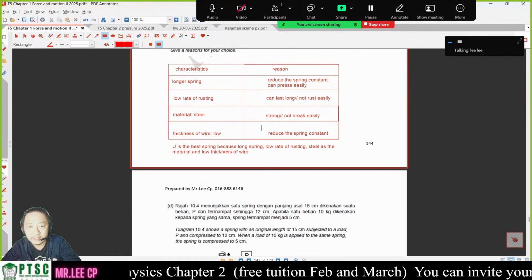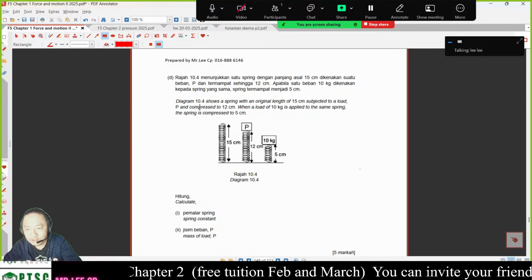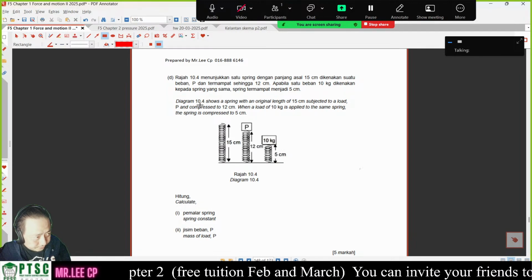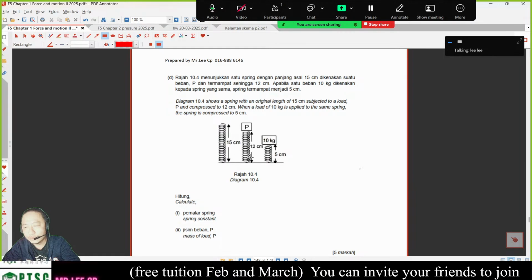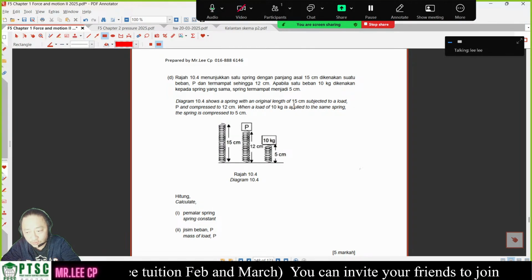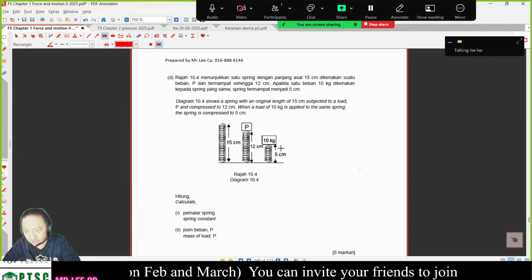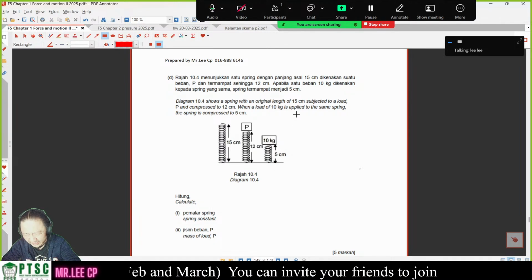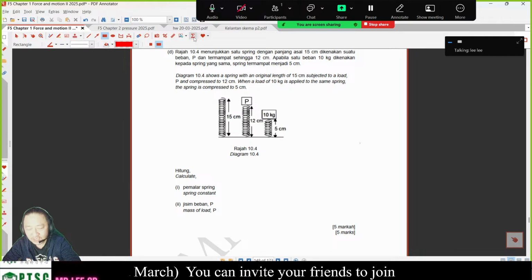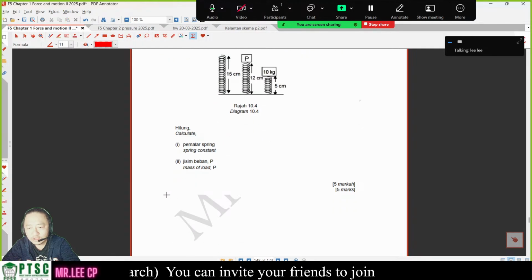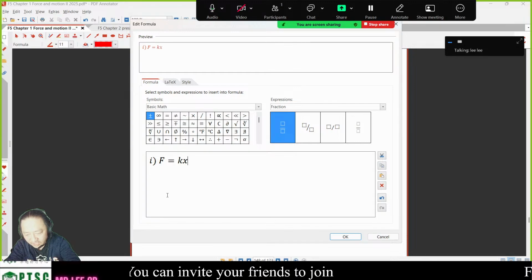Now continue from here. Figure 10.4 shows the spring with the original length 15, and then 12, and then 5. You put P, it becomes 12. You put 10 kg, it becomes 5. Calculate the spring constant. So number 1, we are going to calculate F is equal to Kx.